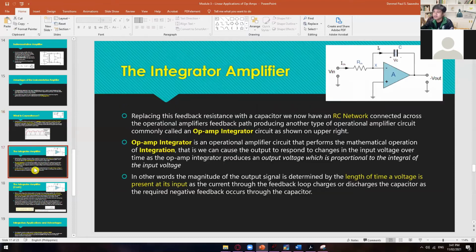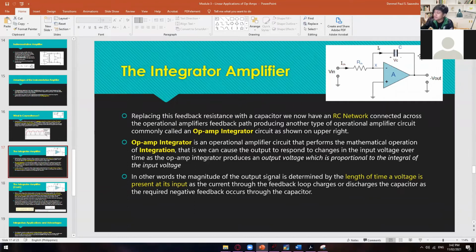All right, so let's now move on to the integrator amplifier. This one is actually super simple. As you can see, this is the circuit of the integrator amplifier. If you take a look at this one, it is actually an inverting amplifier. Very look-alike. It's just that instead of having a resistor here, we have a capacitor.